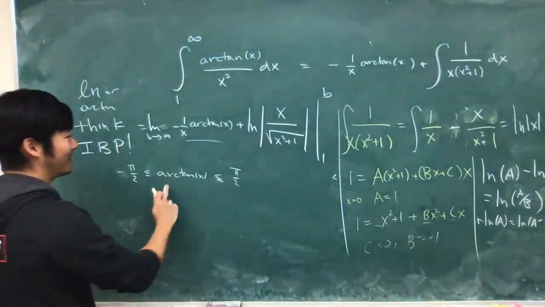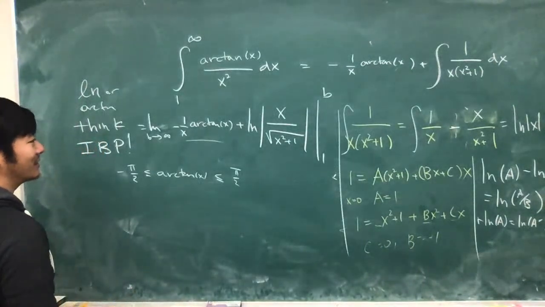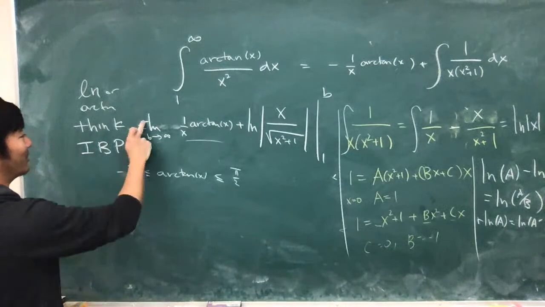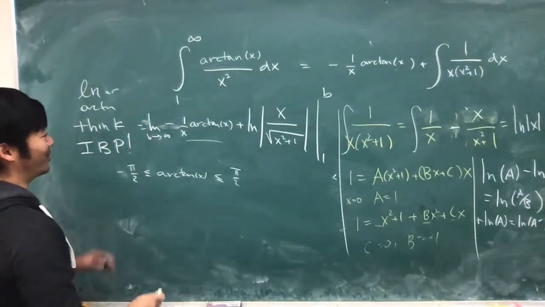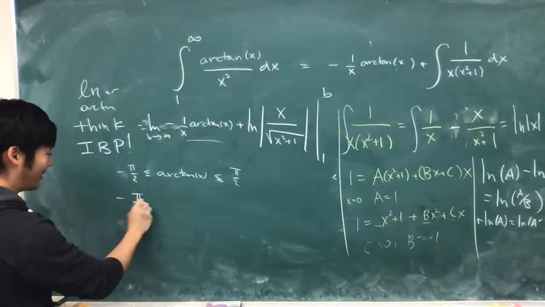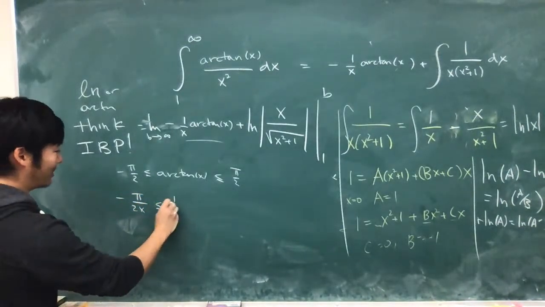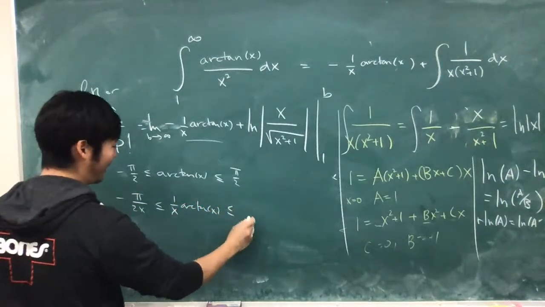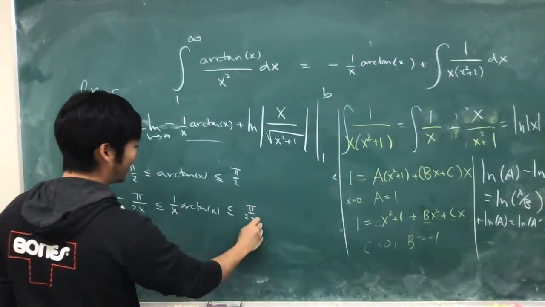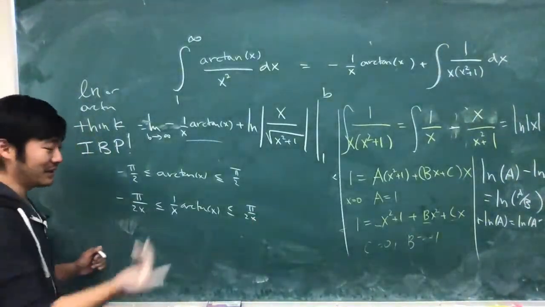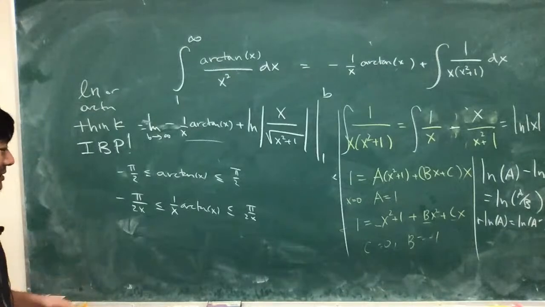And then you just divide everything by negative 1 over x. Well, okay, forget the negative. We'll just leave it outside. Oh, no, that's bad notation. But anyways, so this will be negative pi over 2x and 1 over x arctan of x, and then pi over 2x. If we multiplied everything by negative 1 over x, then we need to flip every sign, which I guess is not that big a deal, but whatever.